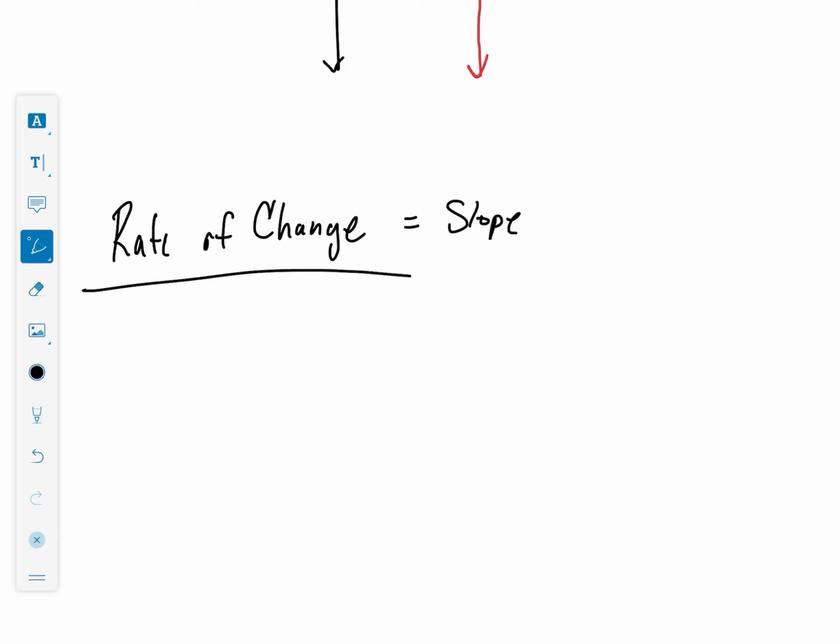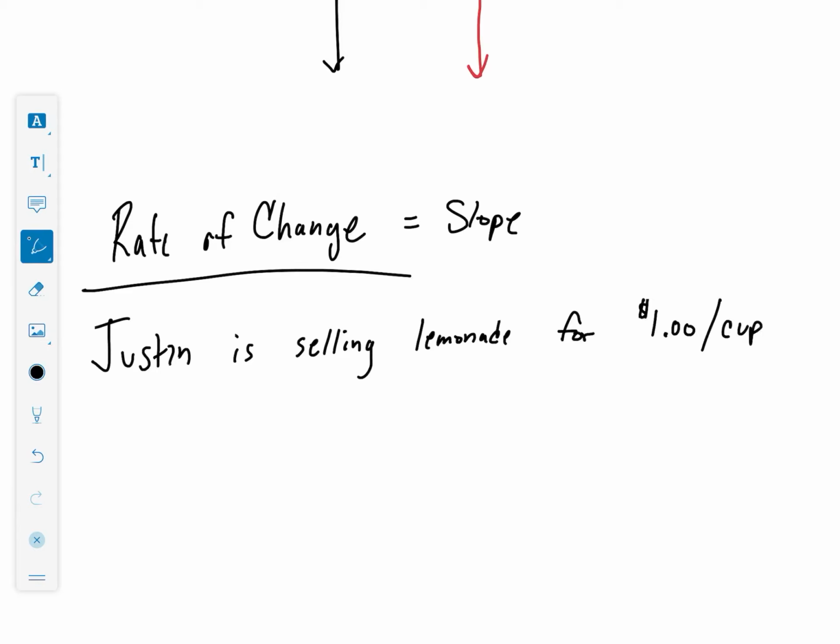Now, I'm going to make one up. Let's see, who's been working on these assignments? We'll do Justin's. All right, Wainwright, you've been doing well. Here it is, here's your word problem. Justin is selling lemonade for, I don't know, $1 per cup.